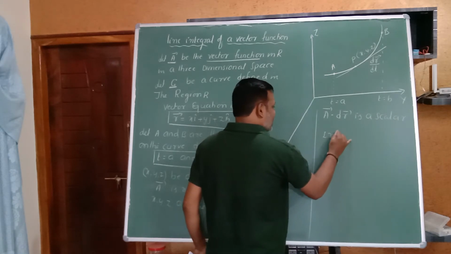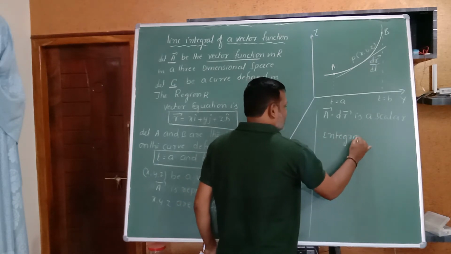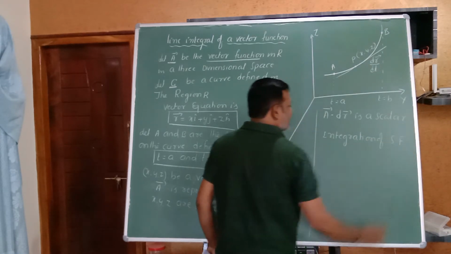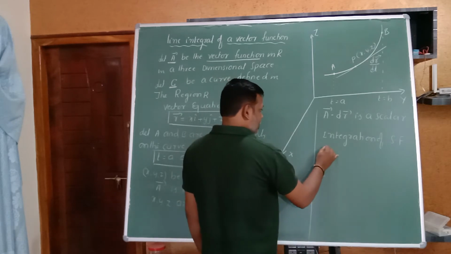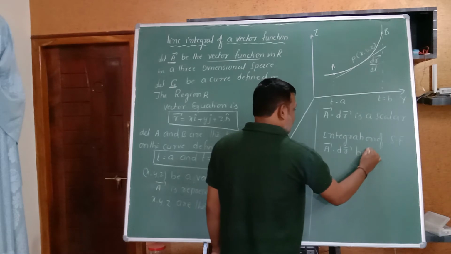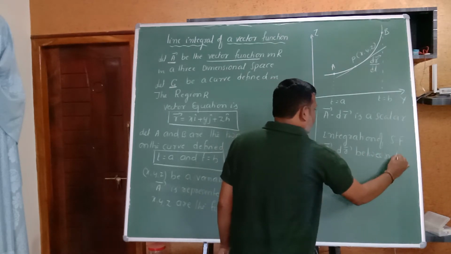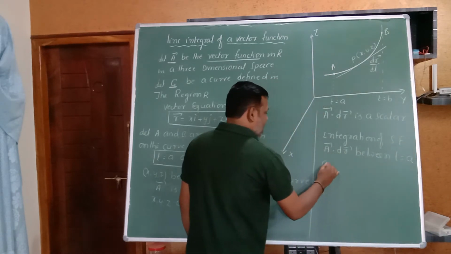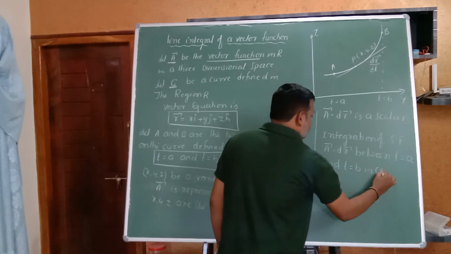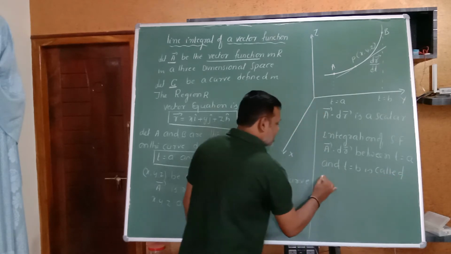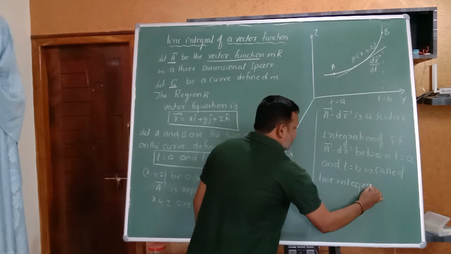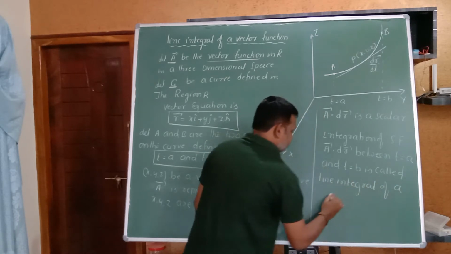Therefore, integration of a scalar function, I am going to write, integration of a scalar function a dot dr between t equal to a and t equal to b is called the line integral of a scalar function.